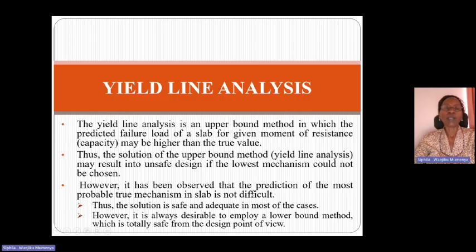However, it has been observed that the prediction of the most probable true mechanism in a slab is not difficult. Thus, the solution we get by using the upper bound theorem is safe and adequate in most of the cases. However, it is always desirable to employ a lower bound method, which is totally safe from the design point of view.